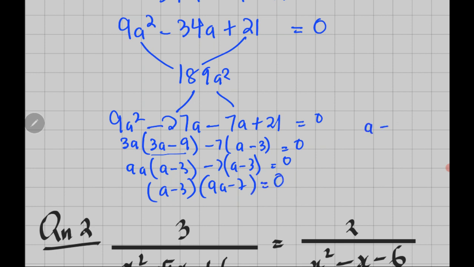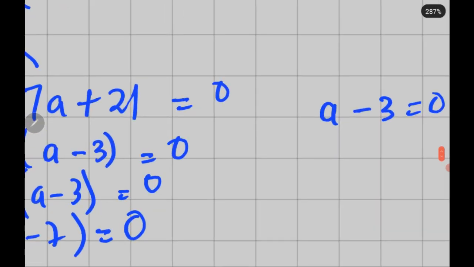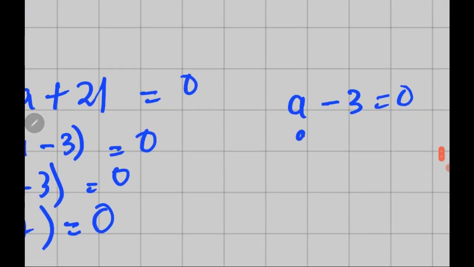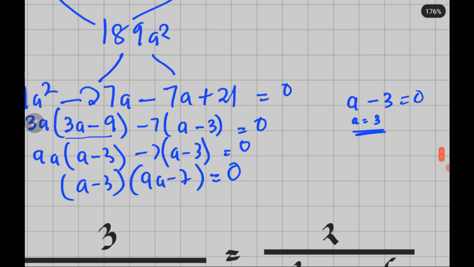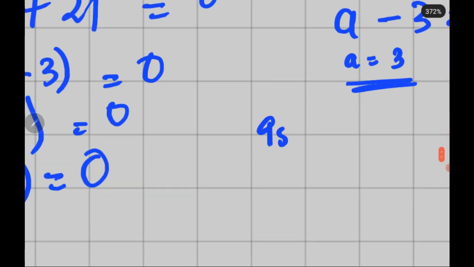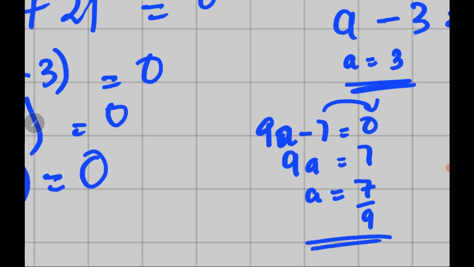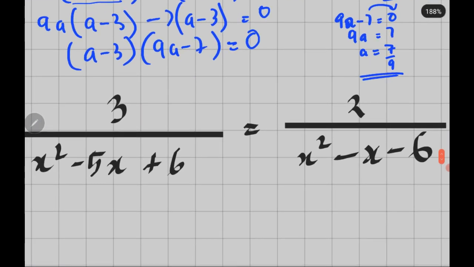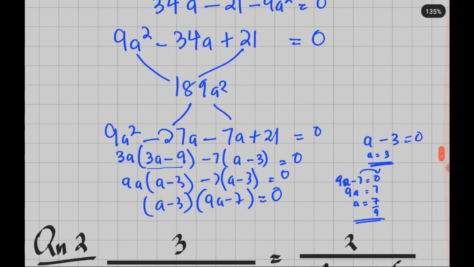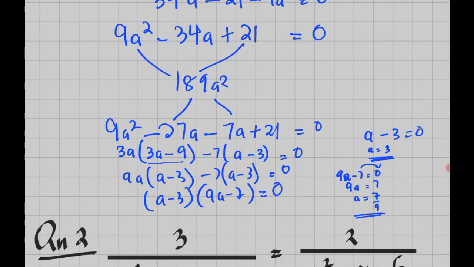So either a minus 3 is equal to 0, so our a, if minus 3 goes to the other side, is equal to 3. Or 9a minus 7 is equal to 0. So 9a, if we move 7 to that side, we get 7, so a is equal to 7 over 9. So you see, those will be the values of a.